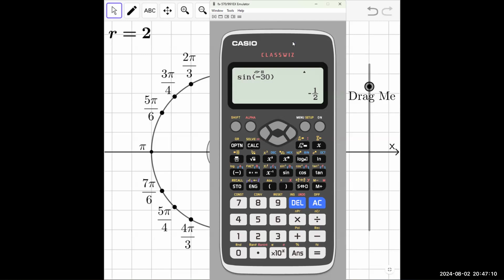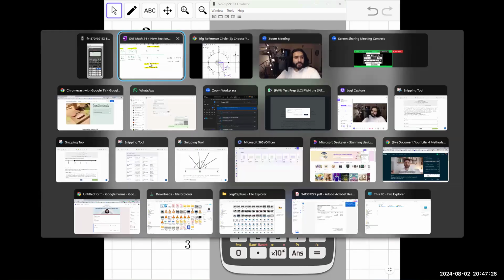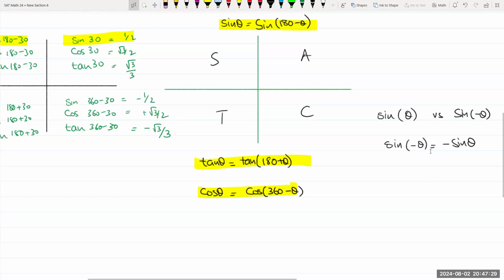Sine of minus 30 is equal to minus sine of 30. So it is equal to minus sine of 30. I'll repeat this again. Sine of minus theta is equal to minus sine theta. It's another fact that you need to know.